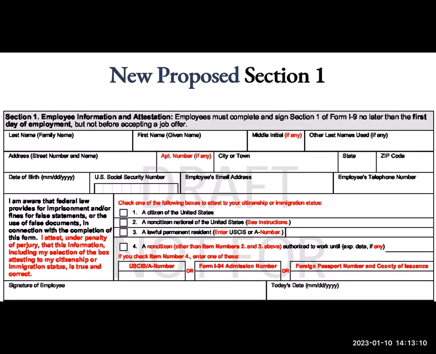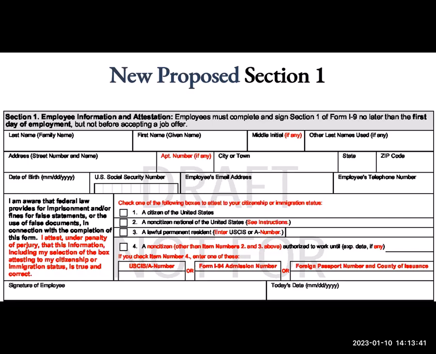Okay, this is what the new proposed section would look like. To some degree, the top is fairly similar to what you have right now, except for the "if any" entries, which are new. There are also the attestations under penalty of perjury that you can see in the certification section.